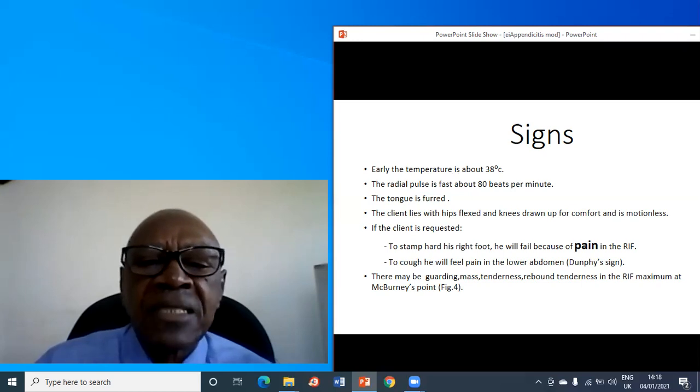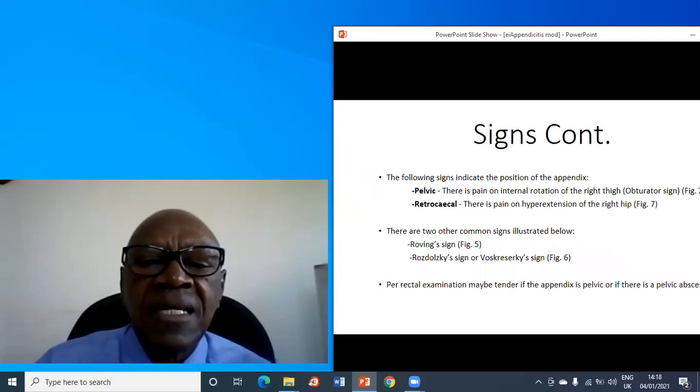The following signs indicate the position of the appendix. Pelvic appendix: there is pain on internal rotation of the right thigh, the so-called obturator sign.